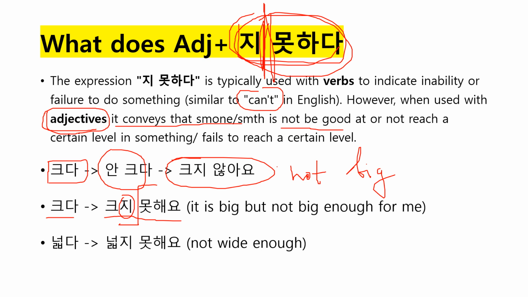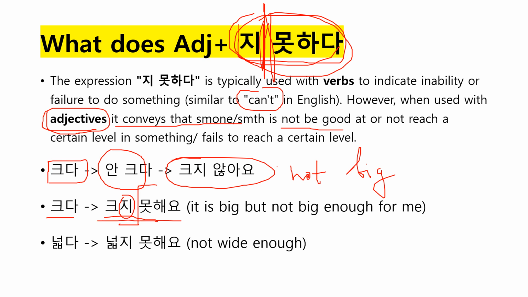We all have expectations, right? For example, you are buying a new house and you saw the photo of the house and you thought that it was big. But when you enter that house to see it before you buy, you find out that, oh, it's not big enough. 크지 못해요. I wanted something even bigger. In that case, you can say 크지 못하다.